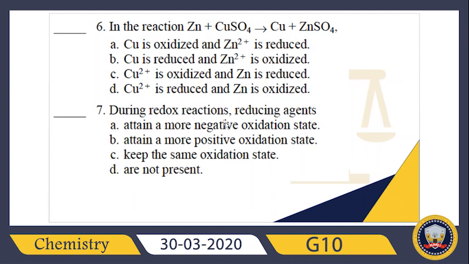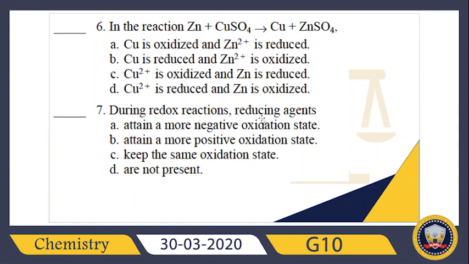During redox reactions, what happens to the reducing agents? Remember, the reducing agent is the element or compound on which an oxidation process happens. So what happens in oxidation? The oxidation number increases, for example from 0 to plus 2 or plus 3.